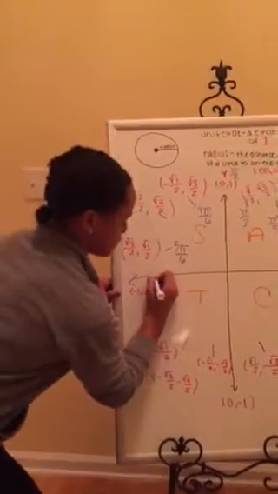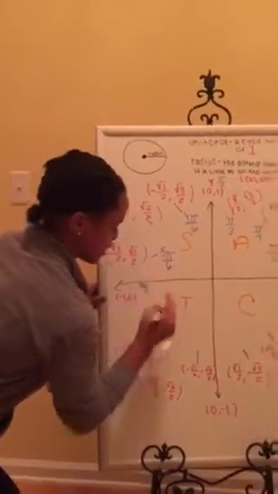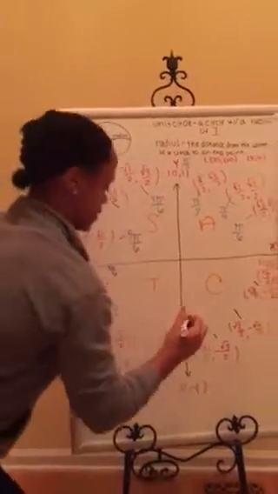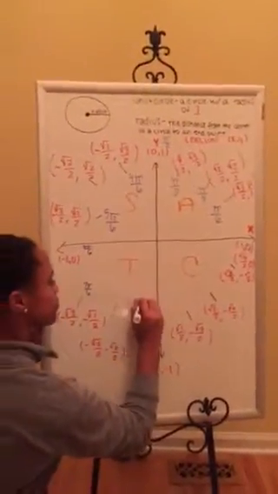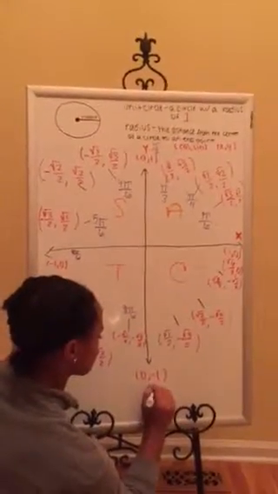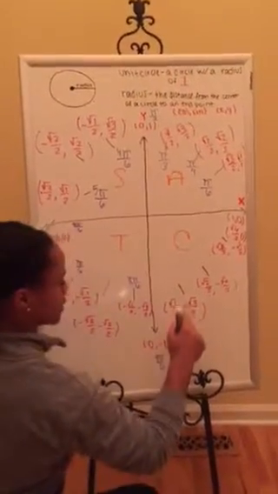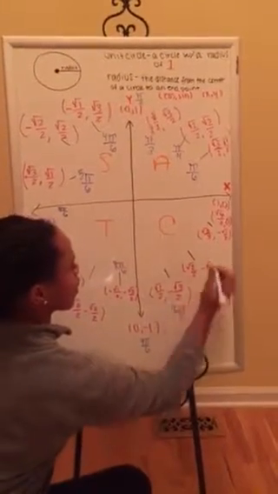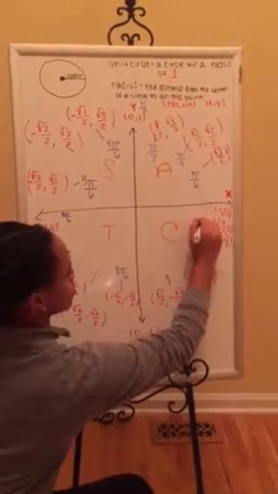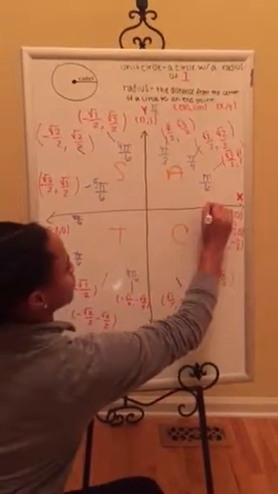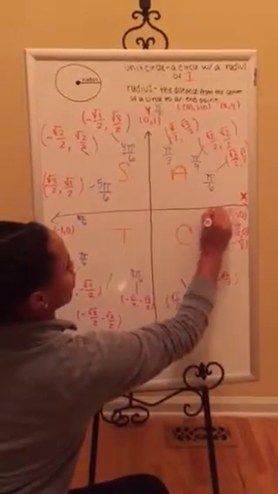Then we have 6 pi over 6, 7 pi over 6, 8 pi over 6, 9 pi over 6, 10 pi over 6, 11 pi over 6, and 12 pi over 6, which is this value right here.